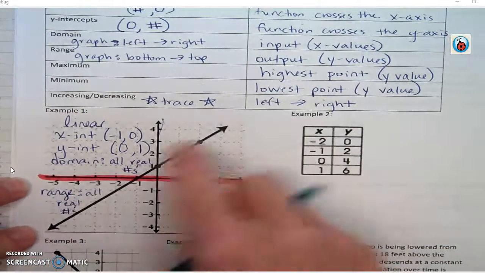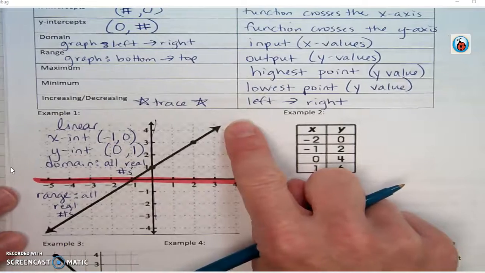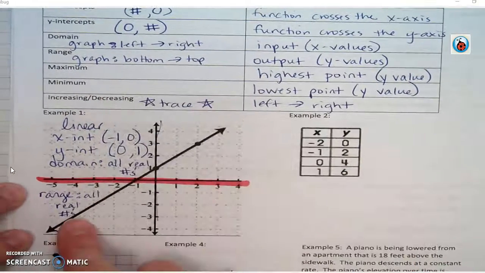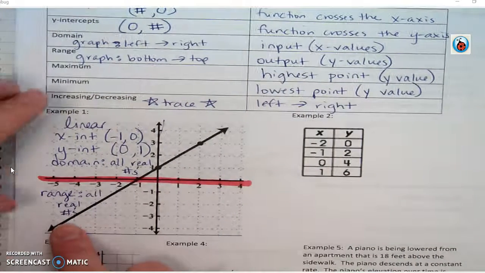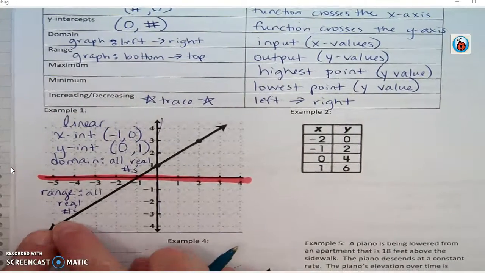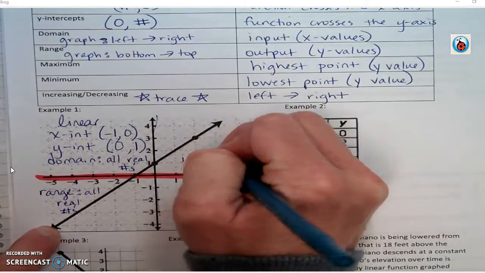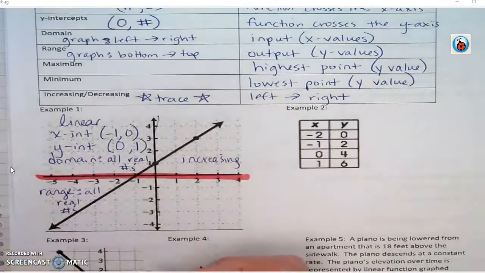There is no maximum because it goes forever, so there's not a highest point. There's no minimum because there's no lowest point, it goes forever. So is this one increasing or decreasing? So you start on the left and you trace it. This one is increasing.